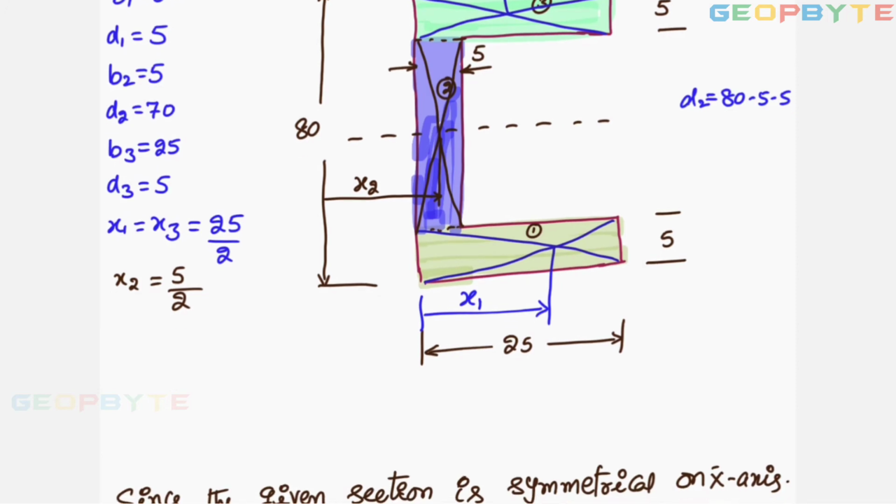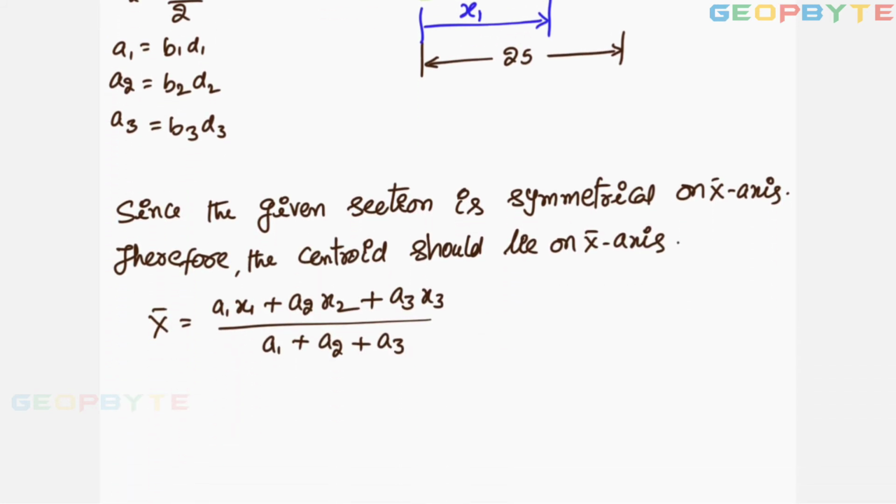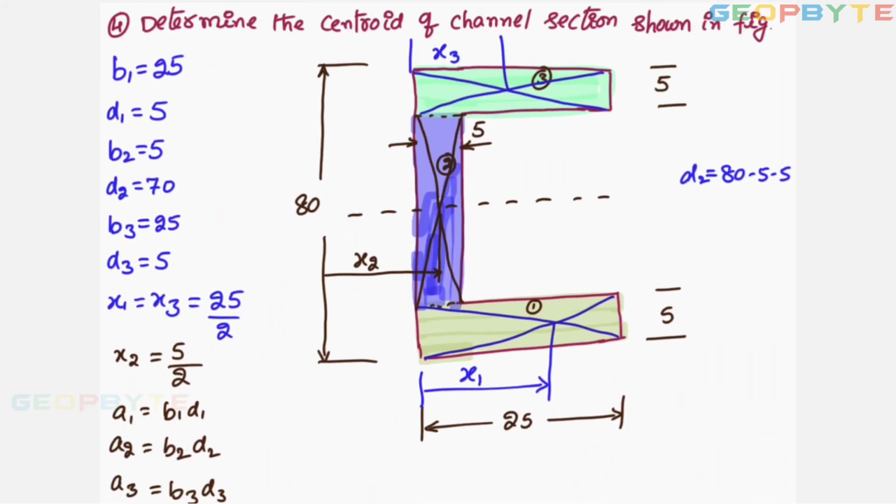Then first find the areas. a1 equal to b1 d1, a2 equal to b2 d2, a3 equal to b3 d3, all with respect to units, maybe in mm square. You put all these values here. For getting x bar it is around 6.67 millimeters, by assuming all dimensions are in mm.